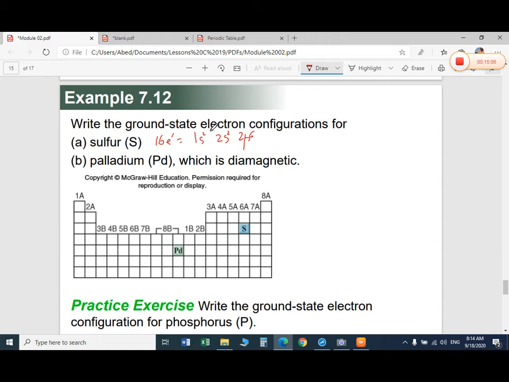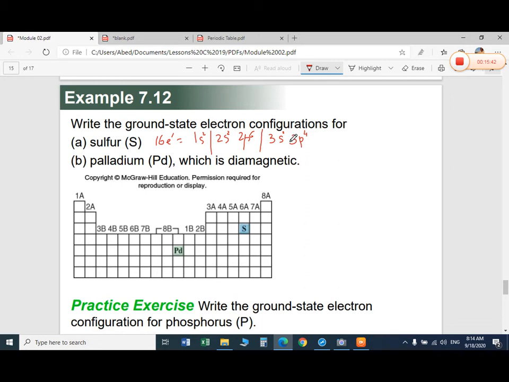Again let me remind you, this is the K shell and this is the L shell, both are complete. Then we go to the third shell, it will be 3s2, so it becomes a total of 12 electrons, and we have 16, so we go to 3p, which will have 4 electrons to make a total of 16. So because sulfur has 16 electrons, this is 2, 8 and this is 6, total 16 electrons.